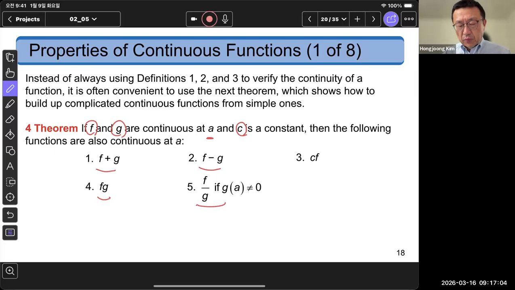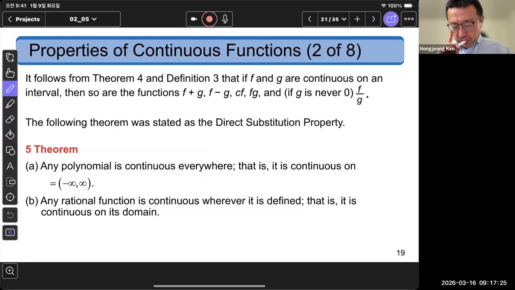And of course, in number 5, the denominator cannot be 0 at point a, so that this function is well defined. So if you have continuous functions, then the arithmetic operations do not alter their property.